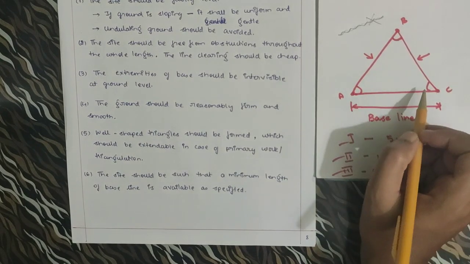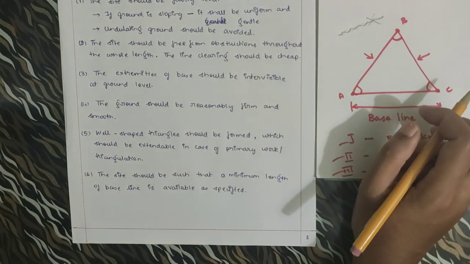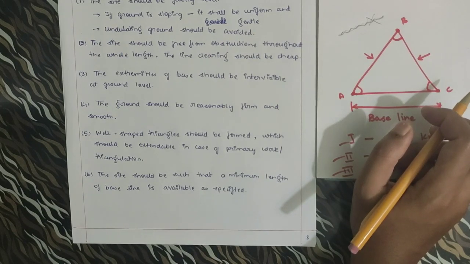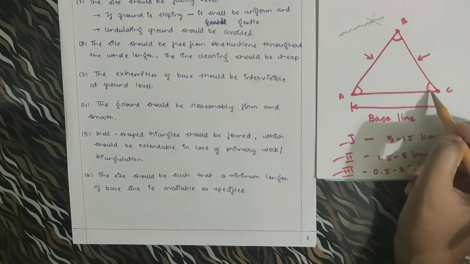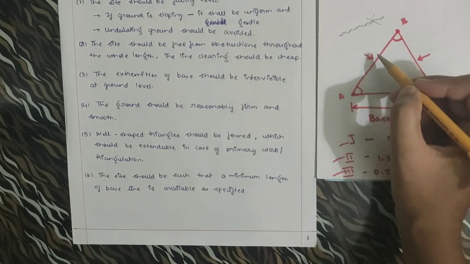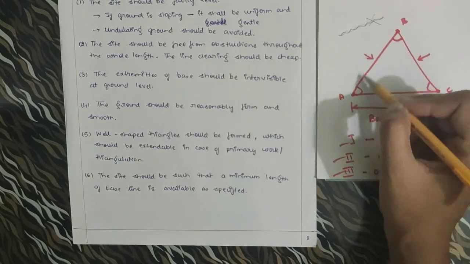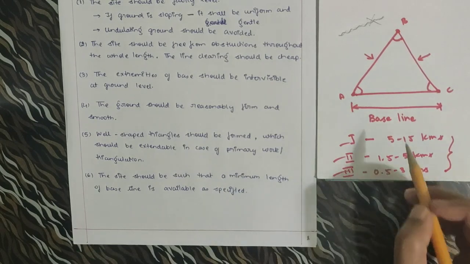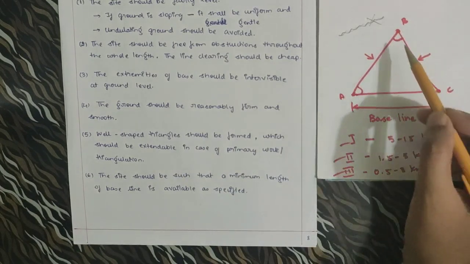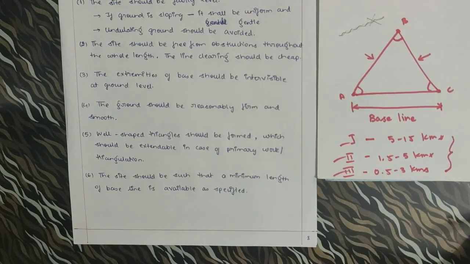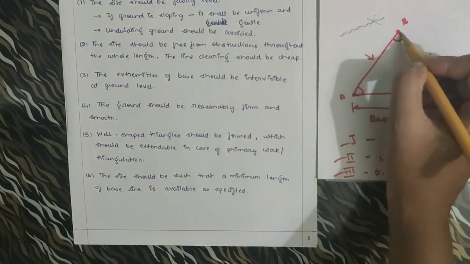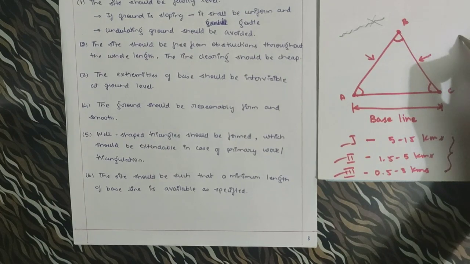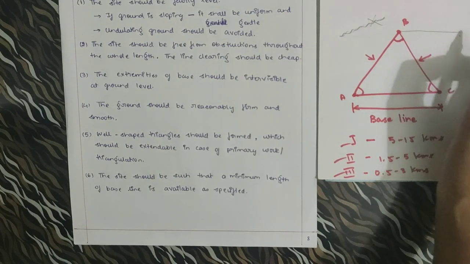Well-shaped triangles are those of such a shape that any error in the angular measurement has minimum effect upon the computed length. So the triangles should be well shaped and also flexible for extension of the work like this.